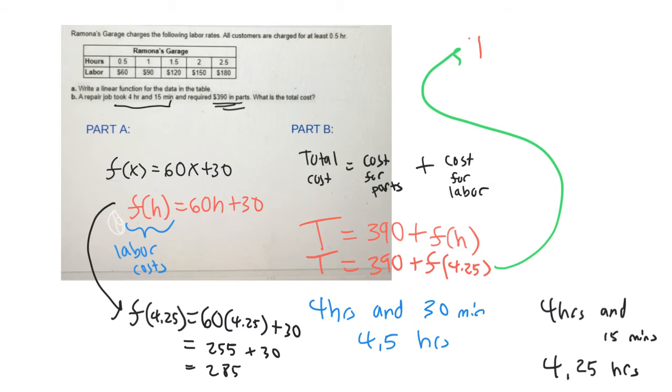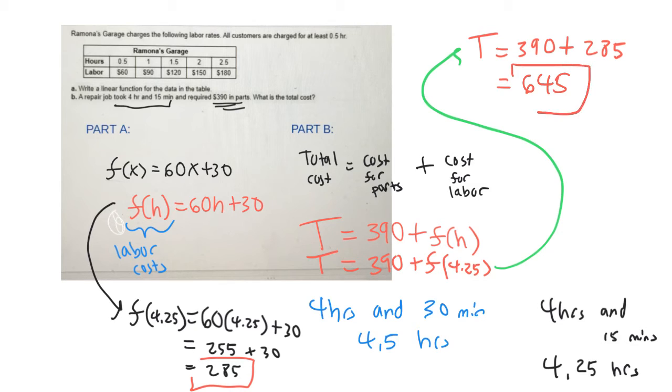That turned out to be 390 plus 285, because we found out what F of 4.25 is. It's 285. So that's going to be the final answer. The total cost is the cost of the parts plus the cost of the labor, which turns out to be $645. That's how much it costs to do that whole job.